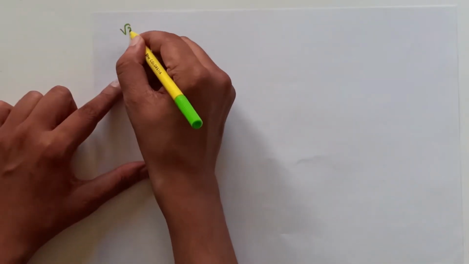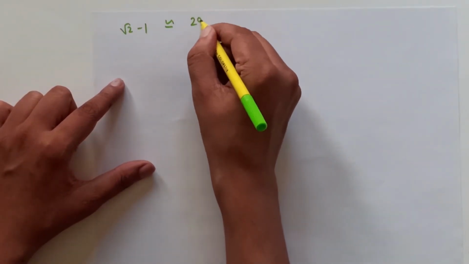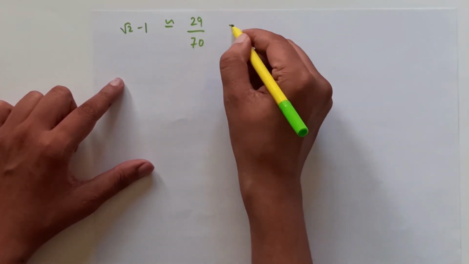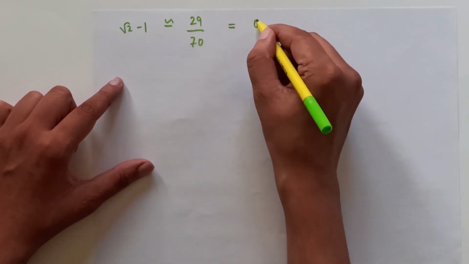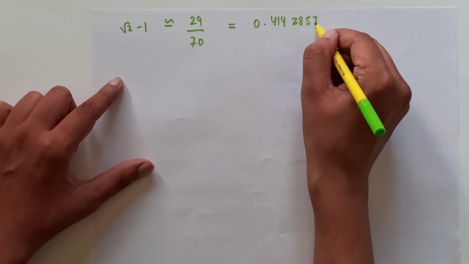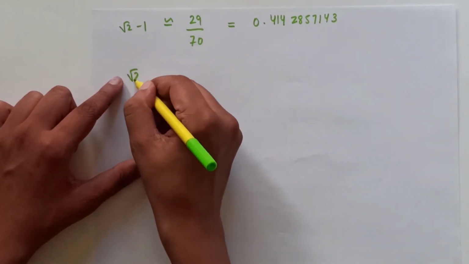Now in the previous expression we have got root 2 minus 1 is nearly equal to 29 over 70 as a fraction, which, if I put this fraction in a calculator, I will get 0.4142857143. Now what will root 2 become?